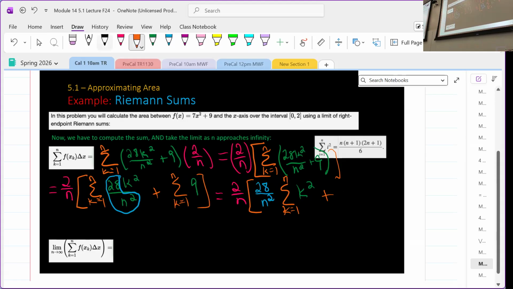Now our sum from k equals 1 to n of 9, I'm just doing 9 plus 9 plus 9, n times. So that sigma notation, I can just go ahead and fill in with the formula I know. And now I'm going to do the same thing for the k squared.